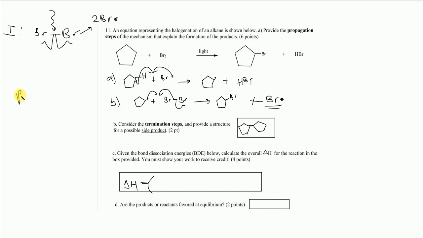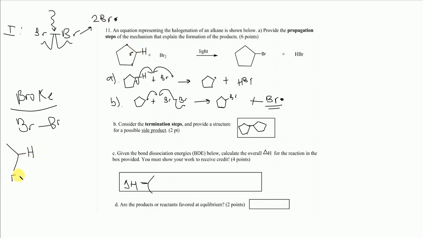I broke a Br bond, and I broke what I said was a secondary carbon's hydrogen bond. I know secondary just means the carbon that the hydrogen is coming off of is attached to two other carbons. That's all that secondary means. Okay, so this is a secondary carbon right here.